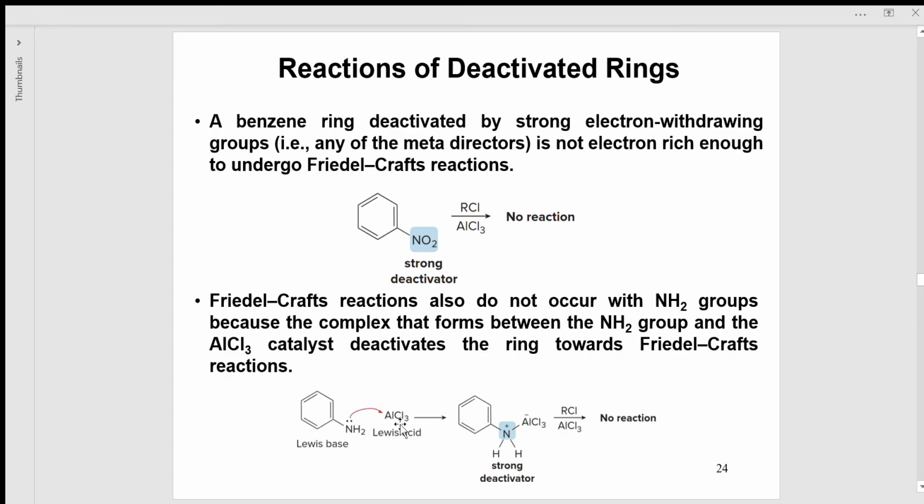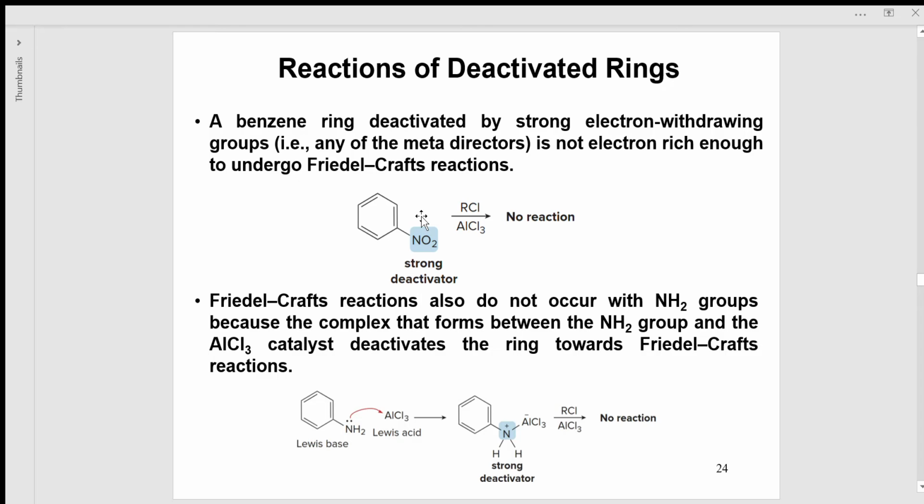Before this benzene ring can react with the alkyl halide to do the Friedel-Crafts reaction, the catalyst first reacts with the amine in the acid-base reaction. Whenever the acid-base reaction occurs and this complex forms, that basically ends the Friedel-Crafts reaction, or we can say there is no Friedel-Crafts reaction at all.